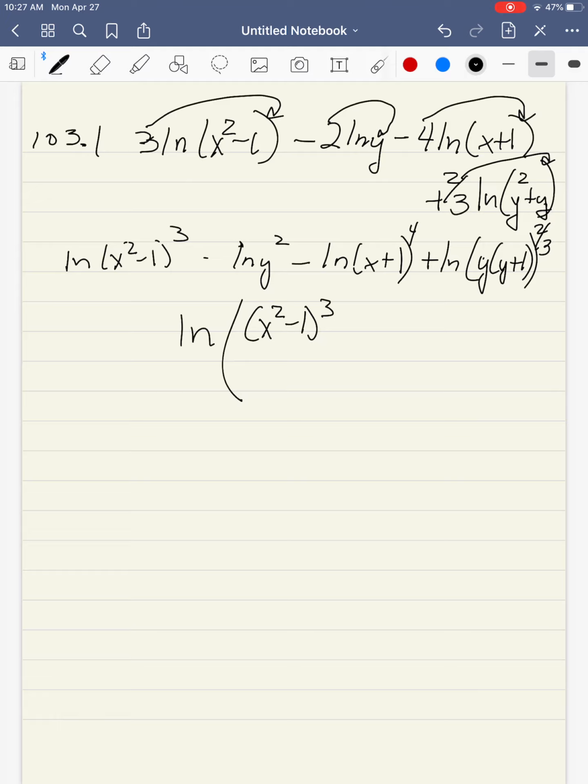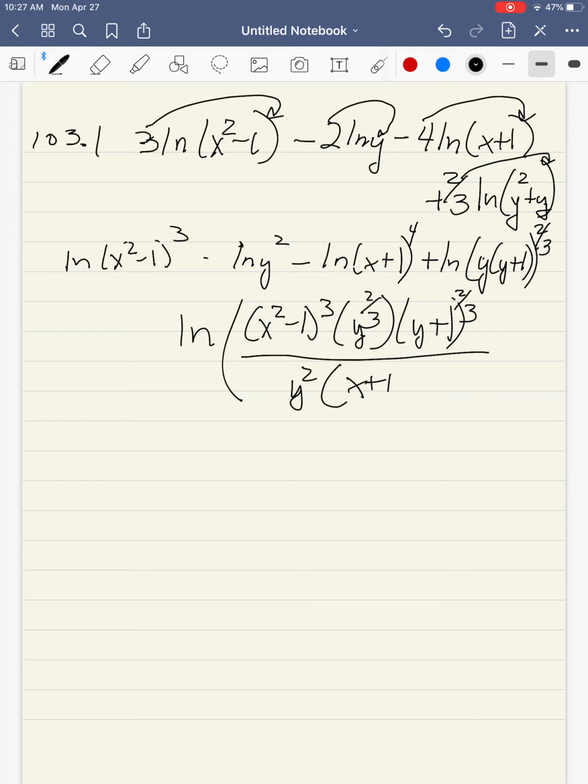So then that's times y to the 2/3 and (y plus 1) to the 2/3. And then in the denominator we have y squared times (x plus 1) to the fourth.